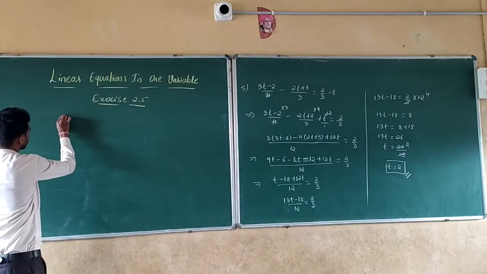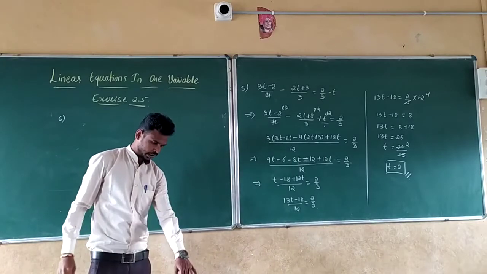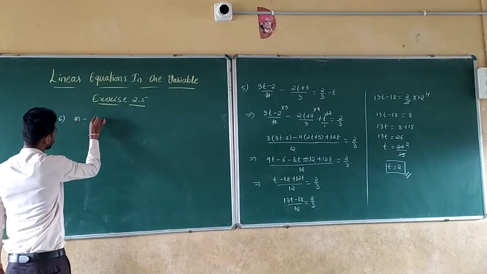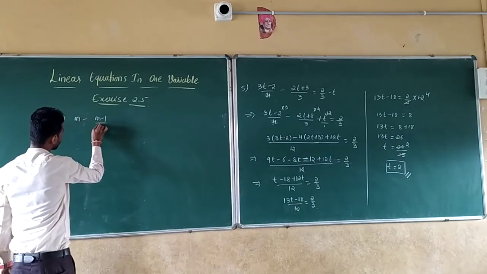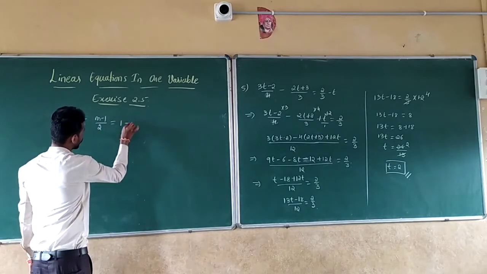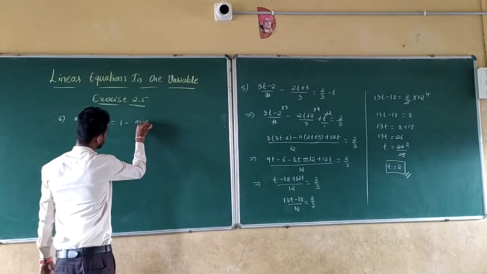Sixth one: (m minus 1) by 2 which is equals to 1 minus (m minus 2) by 3.